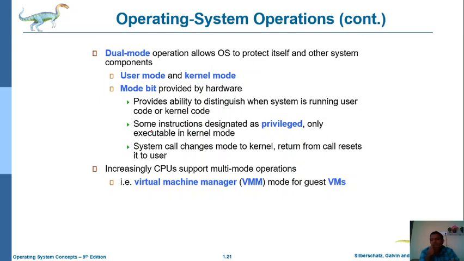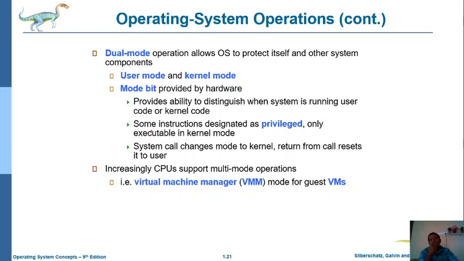If a specific operation is only allowed in one mode, either the user mode or only the kernel mode, then we call it a single mode operation. If it is performed by both modes, then we call it a dual mode operation.